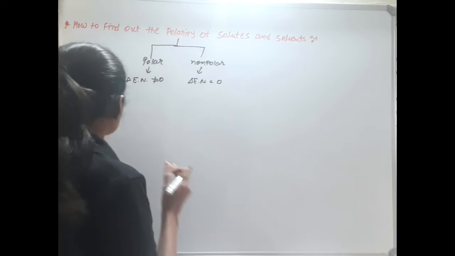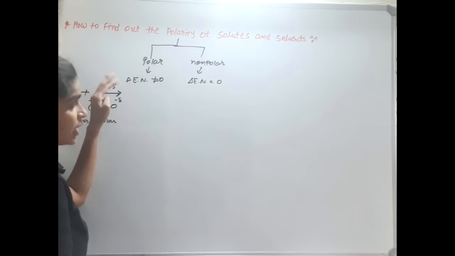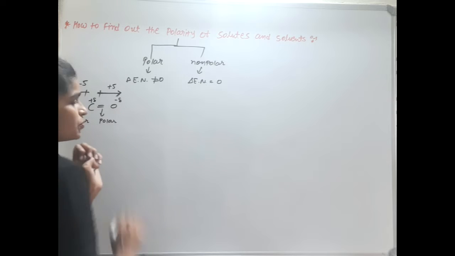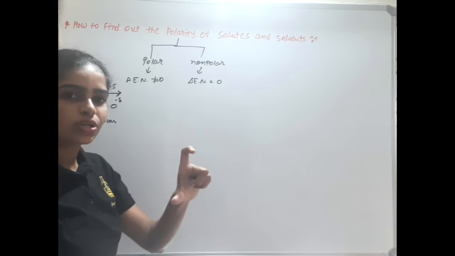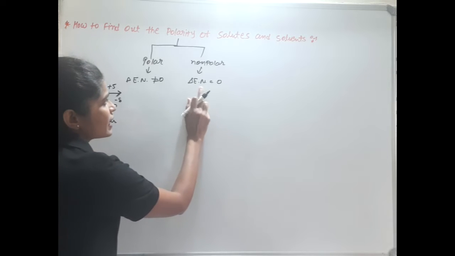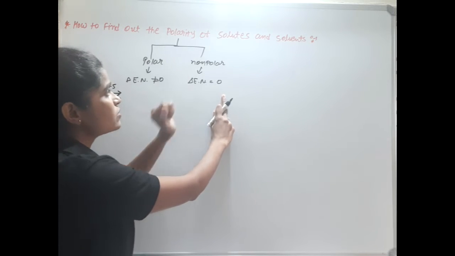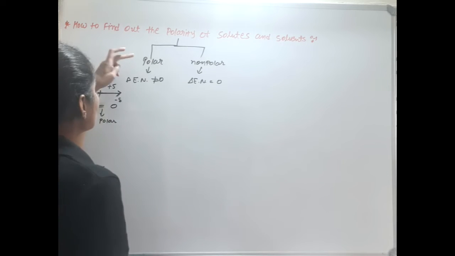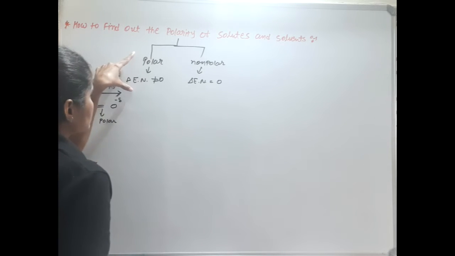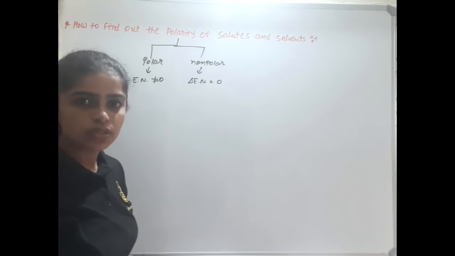For example, consider this direction: the value is plus 5, and in the other direction the value is minus 5. So the total value is 0. That's why in CO2 the delta electronegativity difference is equal to 0, and it is known as non-polar. Whereas polar means the delta electronegativity difference is not equal to 0.